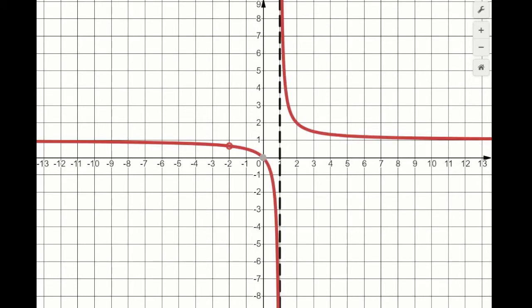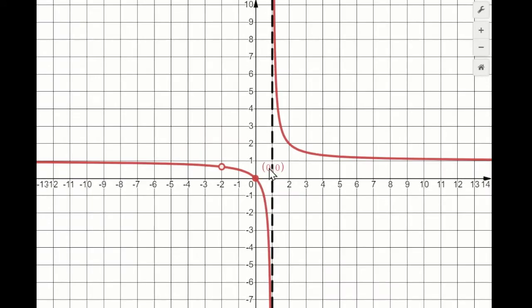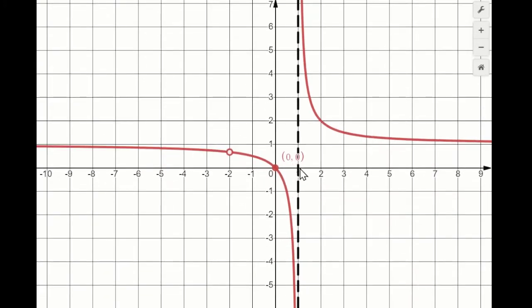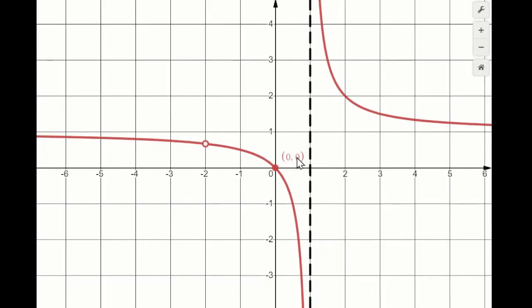Allow me to show that point and make it really clear. That point has popped out. This is our horizontal intercept. Let me show the label. Right at x equals 0, and of course the y value is 0. Right at x equals 0, y equals 0, we have a horizontal intercept.